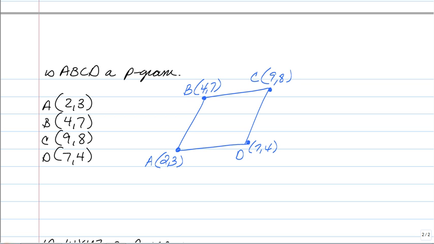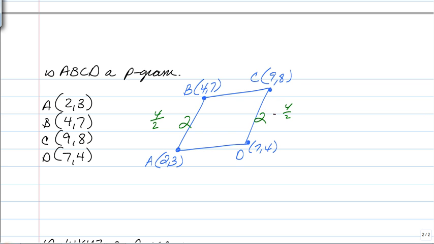So think about what it means to be a parallelogram. A parallelogram has opposite sides that are parallel. How can you tell if opposite sides are parallel here? All you have to do is find the slope of all four sides. So 7 minus 3 is 4, over 4 minus 2 is 2, which reduces to 2. Let's find the opposite side first. 8 minus 4 is 4, 9 minus 7 is 2, 4 over 2 is 2.